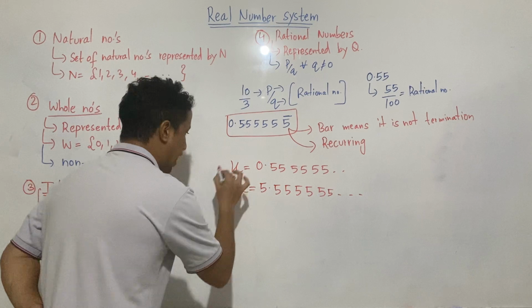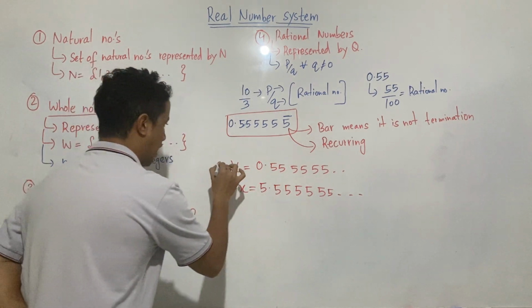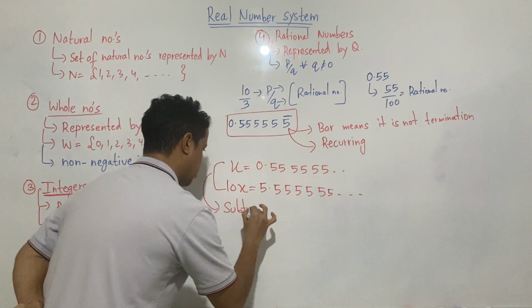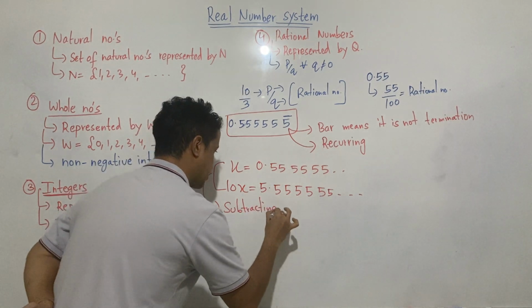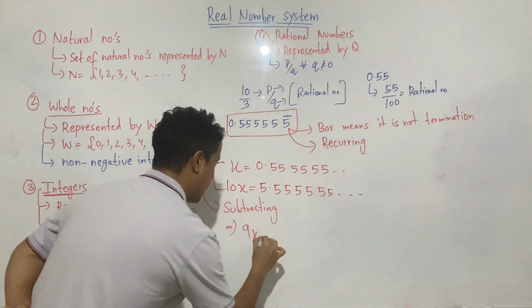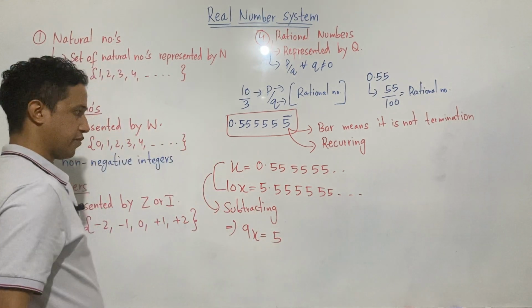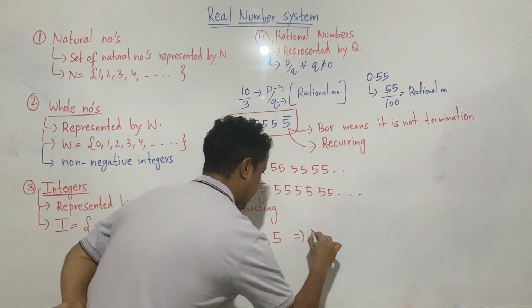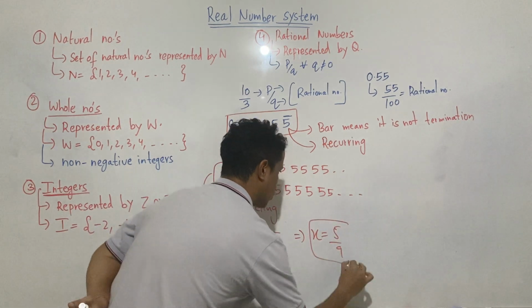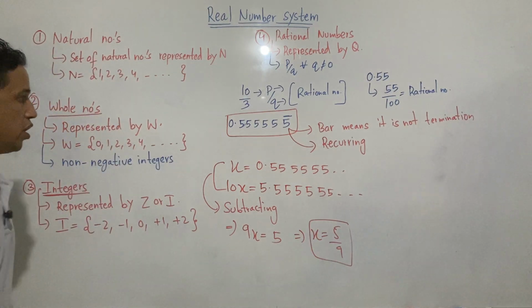Now, if I subtract both of these, if you subtract both of them, then what will you get? You will get 9x equals 5, which says x is equal to 5 by 9. So what does it mean?